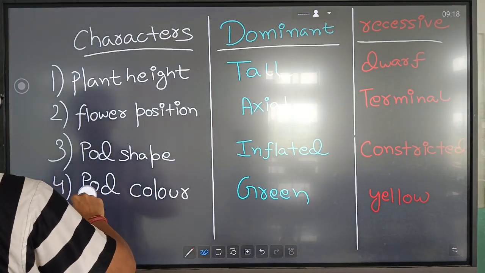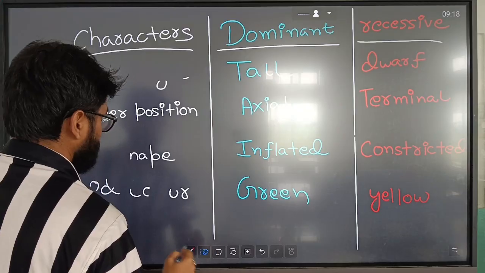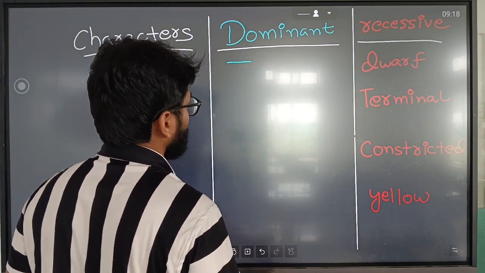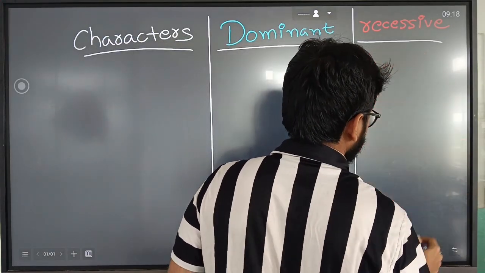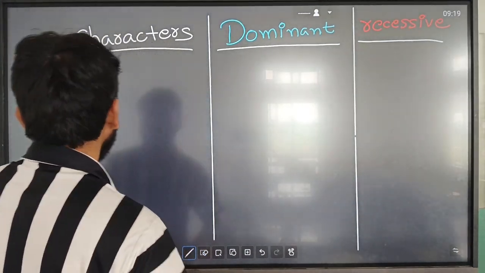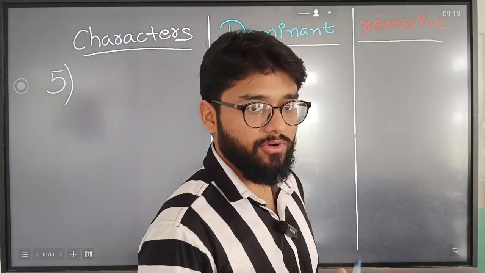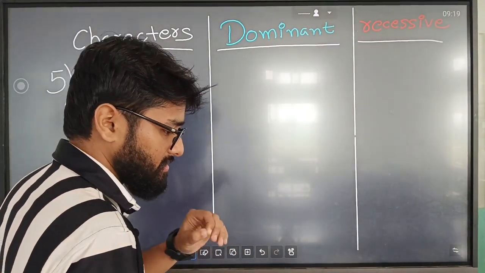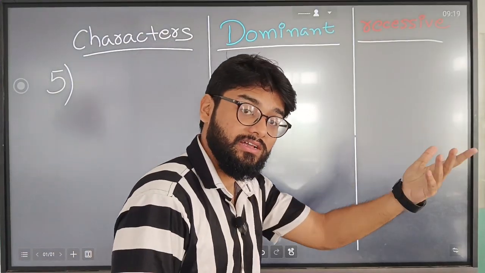Now we will discuss the rest, that is 5. We have discussed the pod, where it is, right? But what we have missed out is that we have told where the flower is, but we have never mentioned what is the color of the flower.